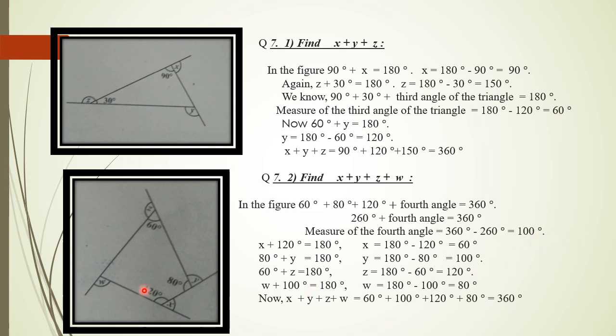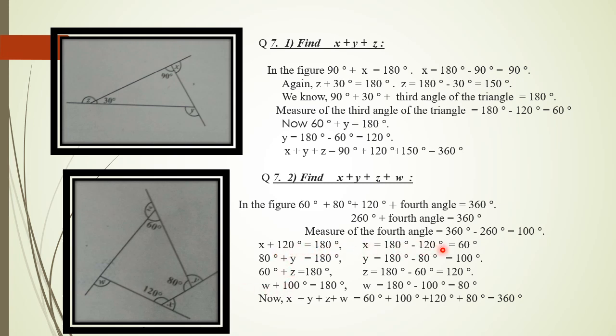And now this x and 120 make a linear pair, y and 80 degree make a linear pair, z and 60 degree make a linear pair, and w and 100 degree make a linear pair. So we can find all the values x, y, z and w by subtracting from 180. So x plus 120 is equal to 180 degree.